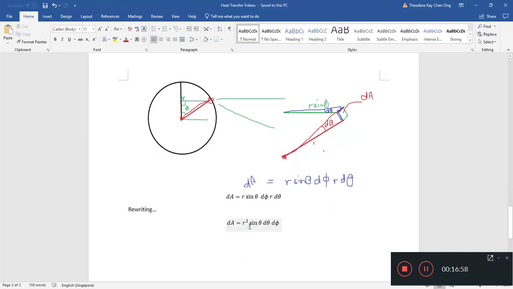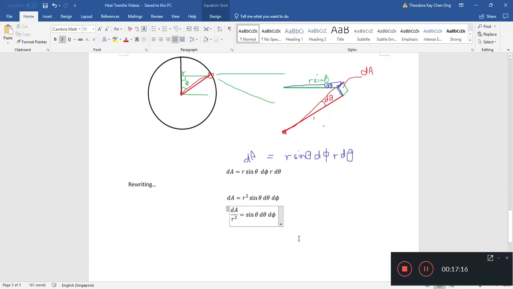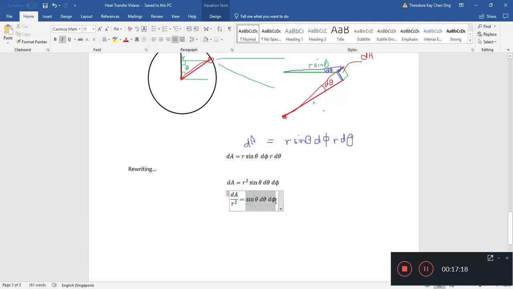So how can we have a solid angle? We have to get rid of any dependence on this r squared. If we have this relation here, we will have on the right hand side an expression that is totally dependent on theta and phi.